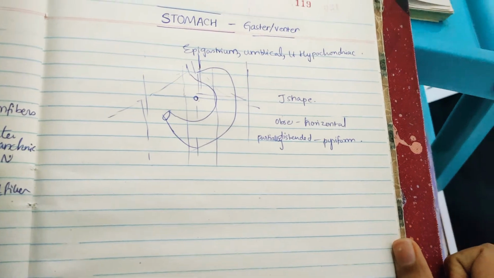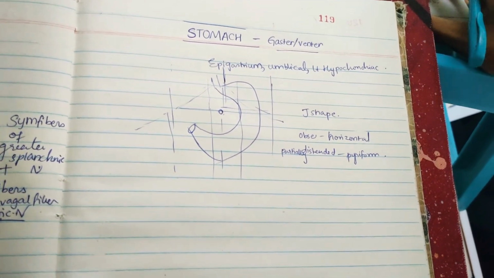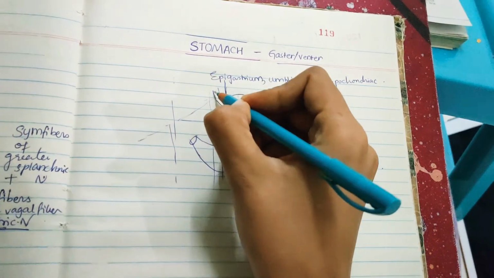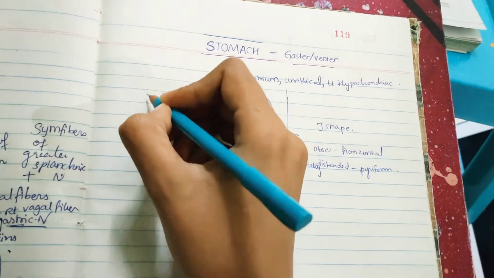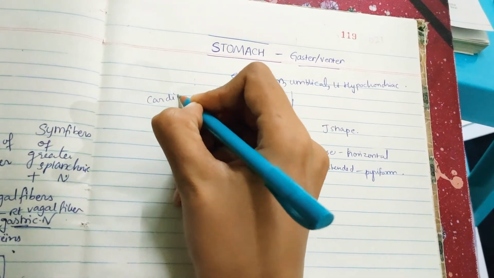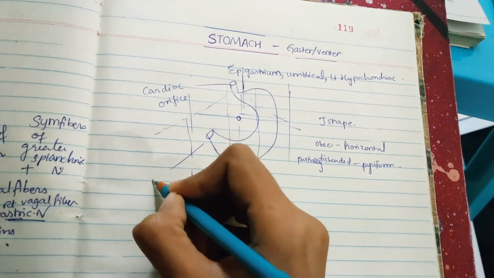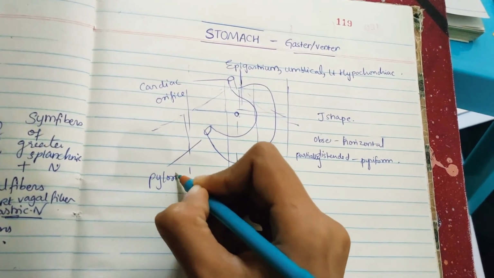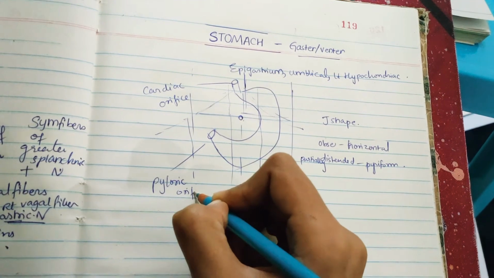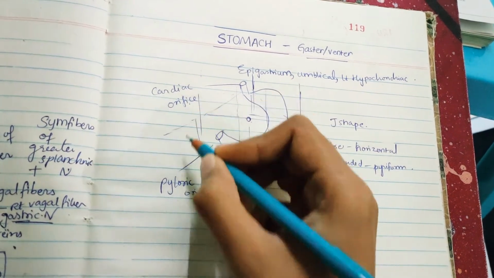Next, coming to the external features, it mainly has 2 orifices. So what are the orifices? The first one, this is the cardiac orifice, and here you will have the pyloric orifice. Okay, so you have 2 orifices, cardiac and pyloric.